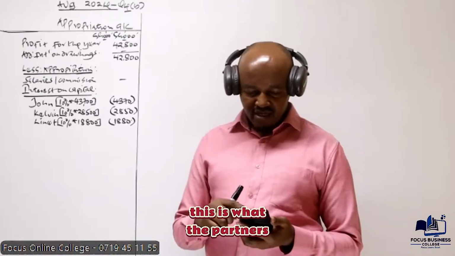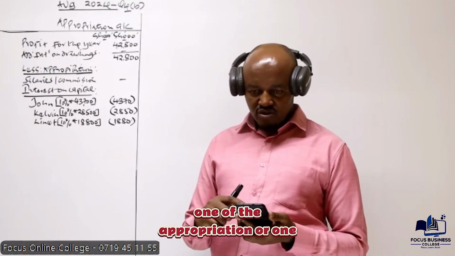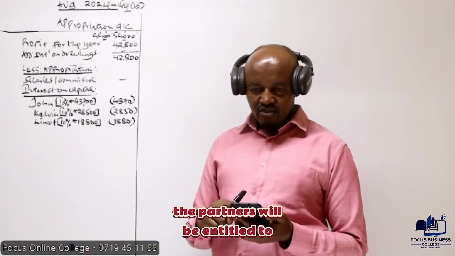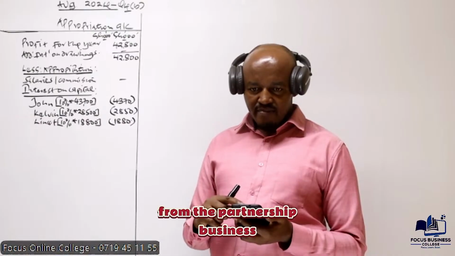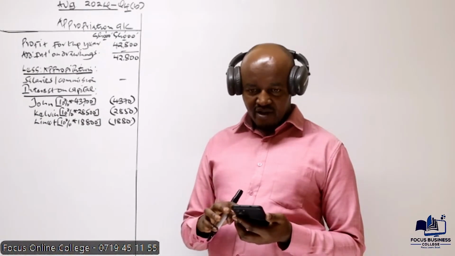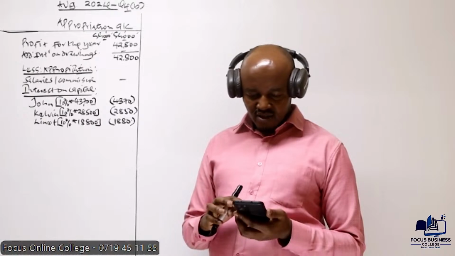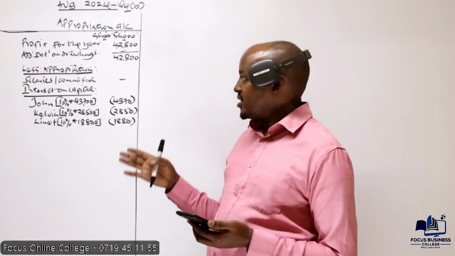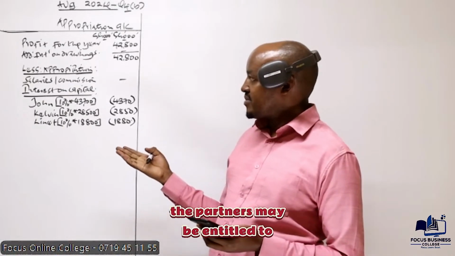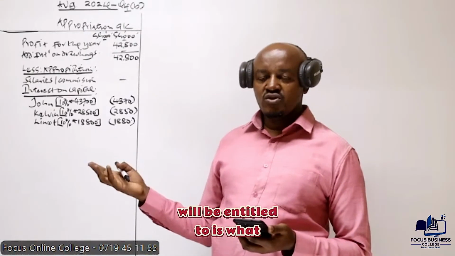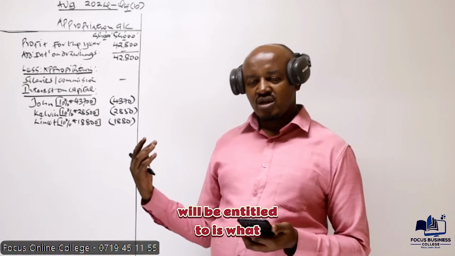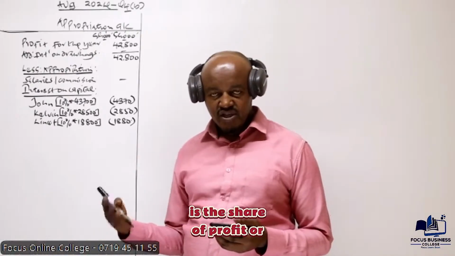This is one of the appropriations the partners will be entitled to from the partnership business. From there, the other appropriation the partners may be entitled to is the share of profit or the share of loss.